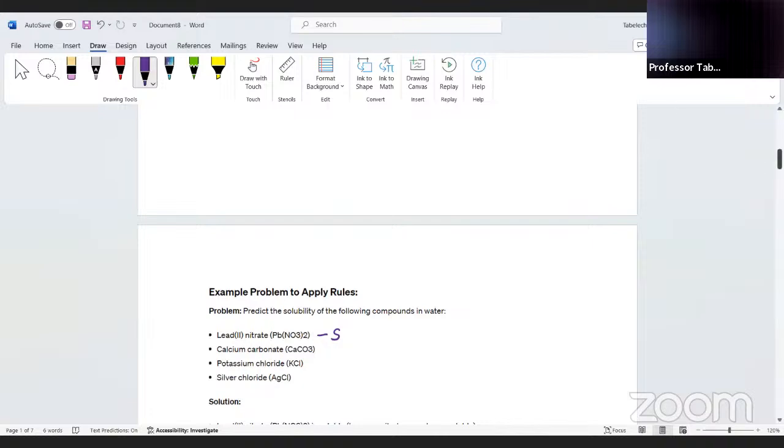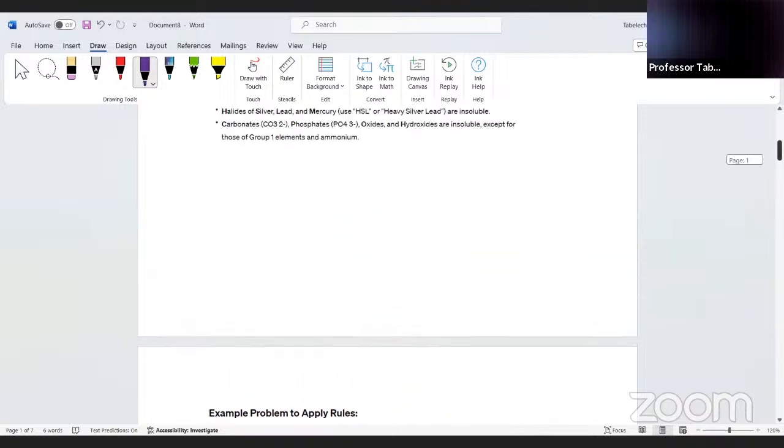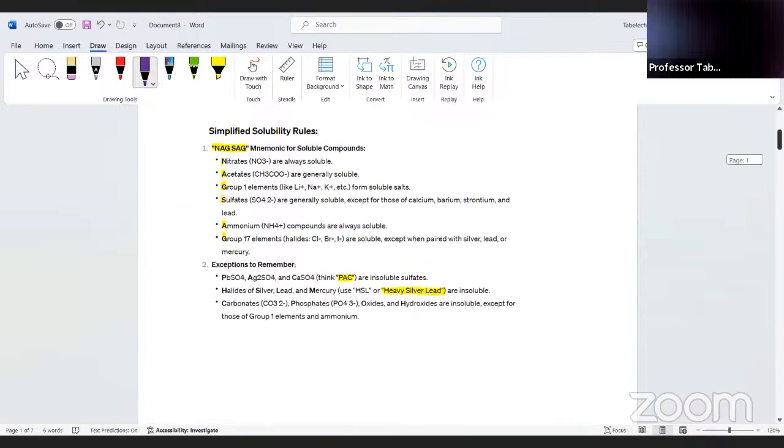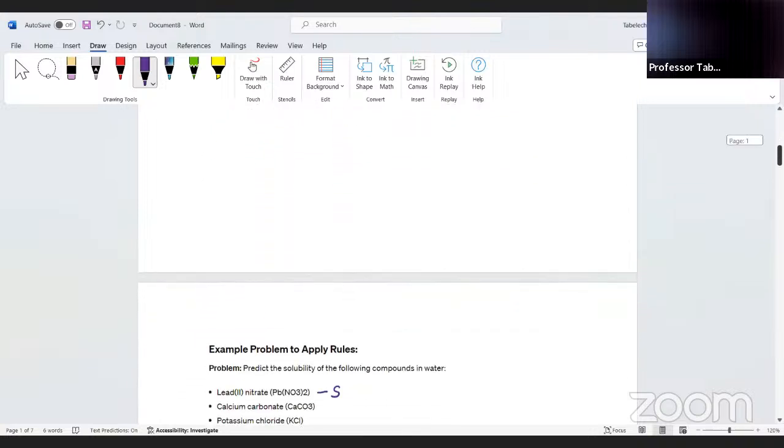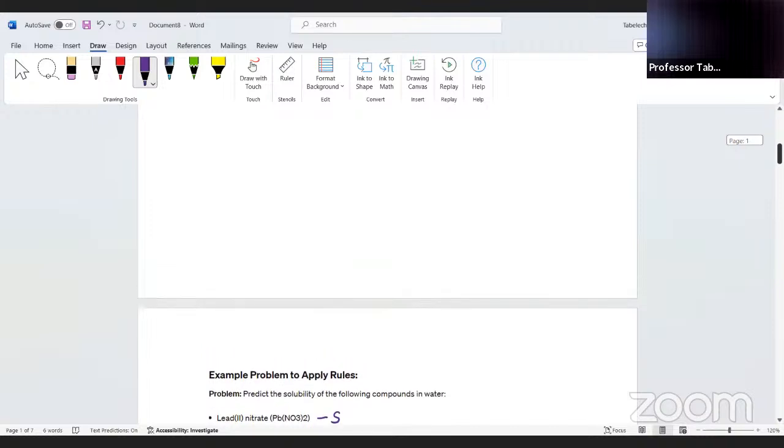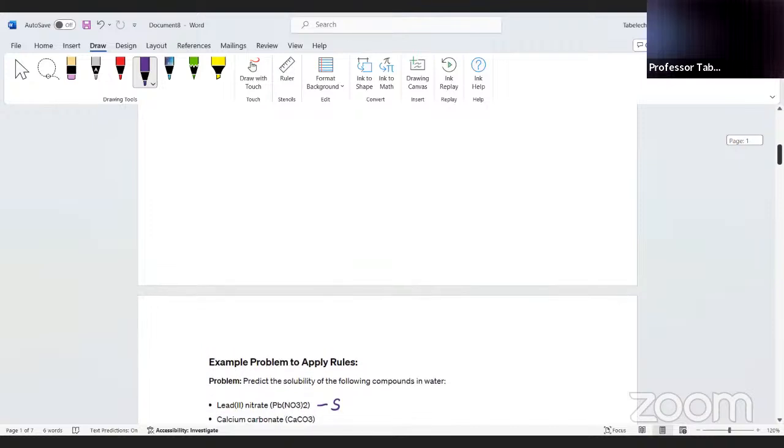Let's go back to our rules here. Calcium carbonate. Carbonates are insoluble except for those of group 1 elements and ammonium. Calcium is not a part of group 1, but is that soluble or insoluble?